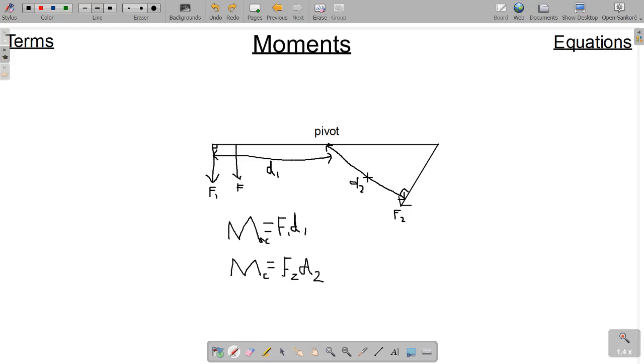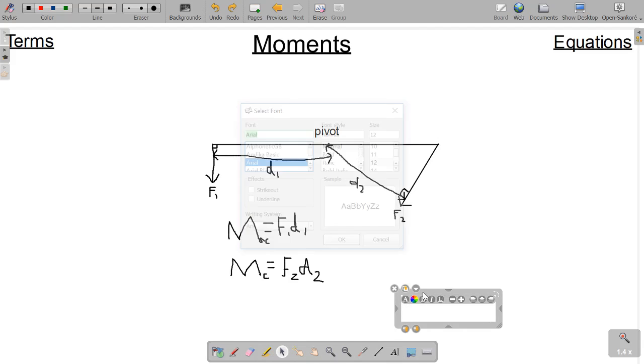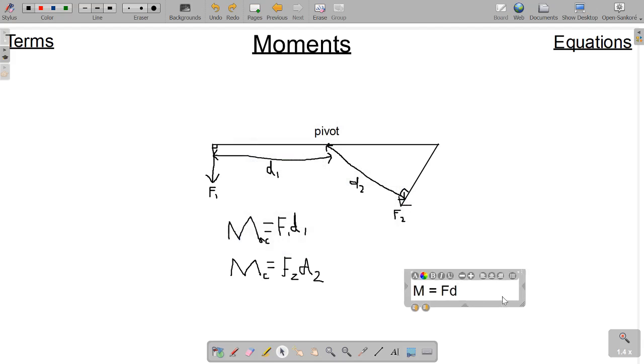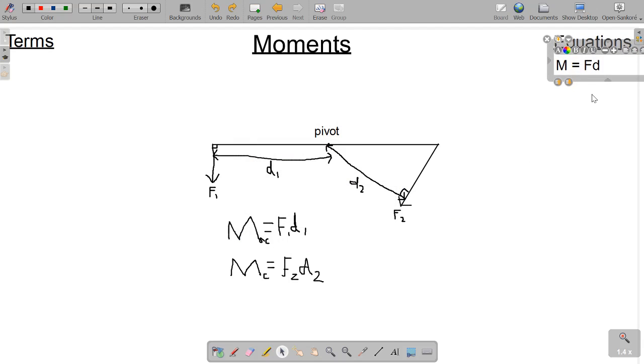So it's basically the sum of all the moments of each individual force.